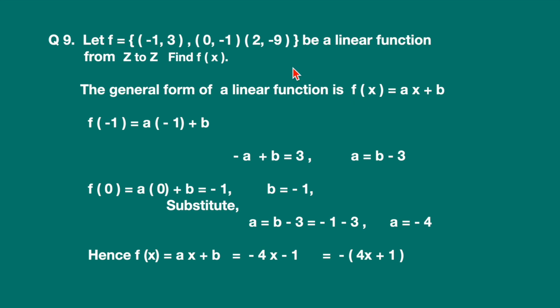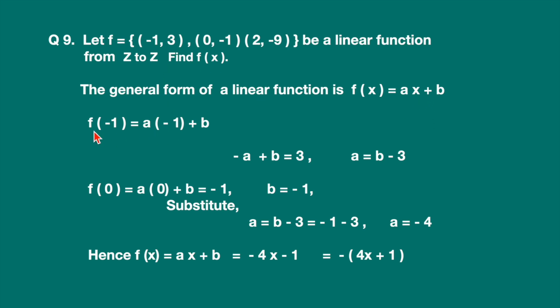Okay. Now this first ordered pair will satisfy this function. This first will be the x value. This 3 is the f(x) value. Always remember, this is the x, this is f(x). This is another x, this is another f(x), like that. So here, in this general form, let us substitute f(x) is equal to 3 and x is equal to minus 1.